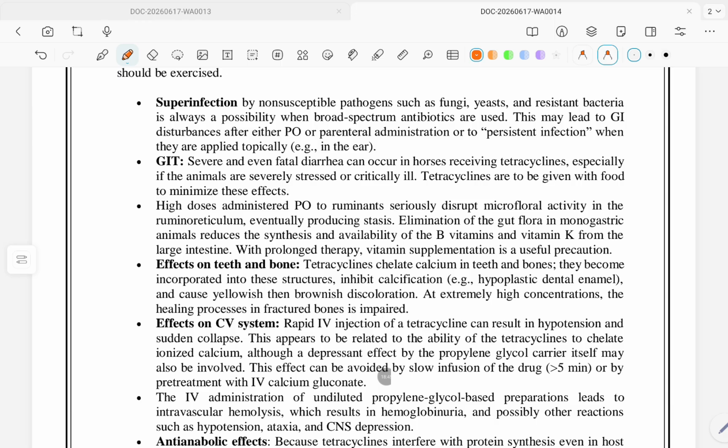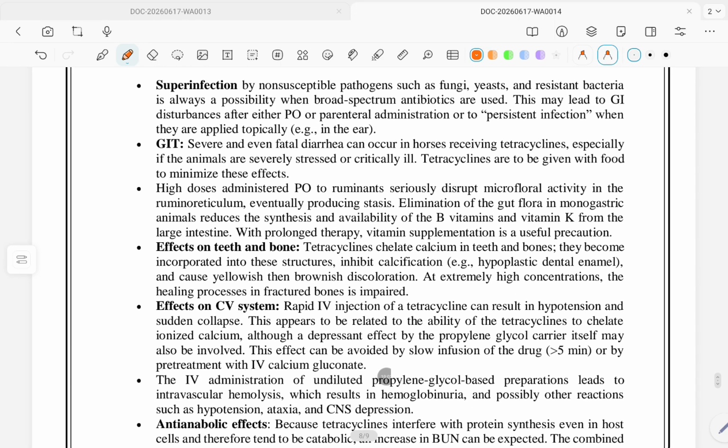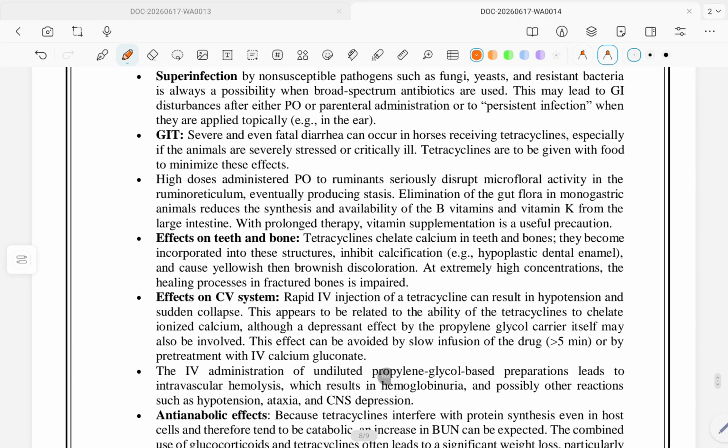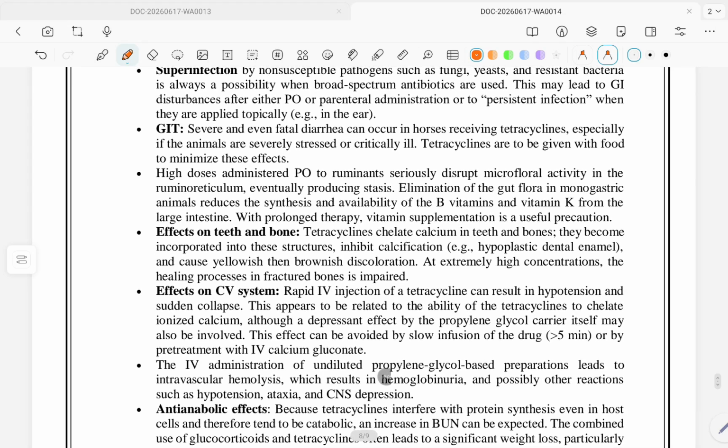This may lead to GI disturbance after either PO or parenteral administration, or to persistent infection when they are applied topically, for example in the ear. Severe and even fatal diarrhea can occur in horses receiving tetracycline, especially if the animals are severely stressed or critically ill.